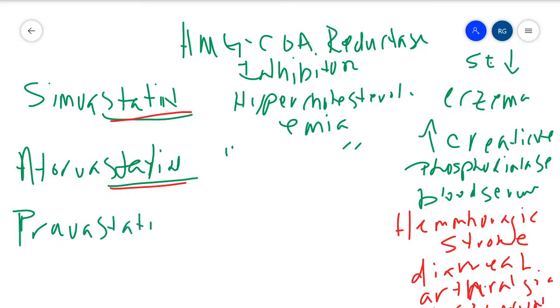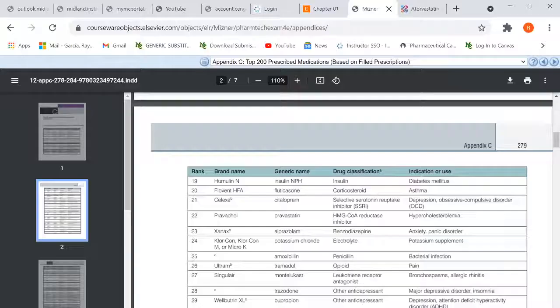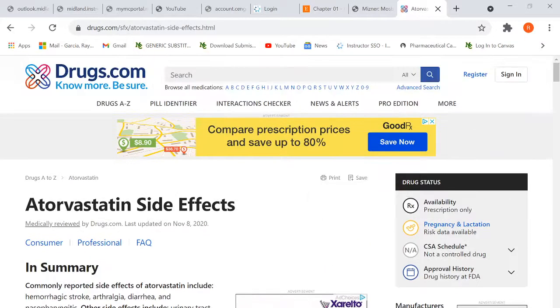So, pravastatin. Again, we end in statin. So, HMG CoA reductase inhibitor drug class. That's your drug class. They end in statin. And you have simvastatin, atorvastatin, pravastatin for hypercholesterolemia. And let's see what side effects it has.